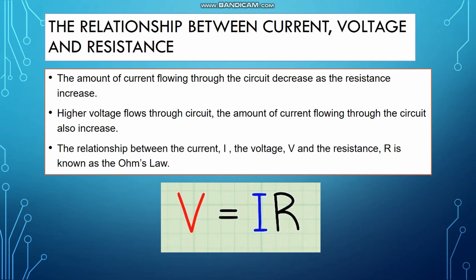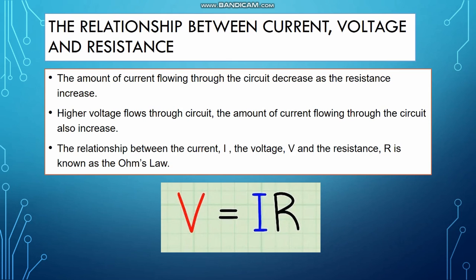From this formula, we can know that when the amount of resistance is increased, the amount of current flowing through the circuit decreases. And when the voltage across the circuit is higher, the amount of current flowing through the circuit also increases.